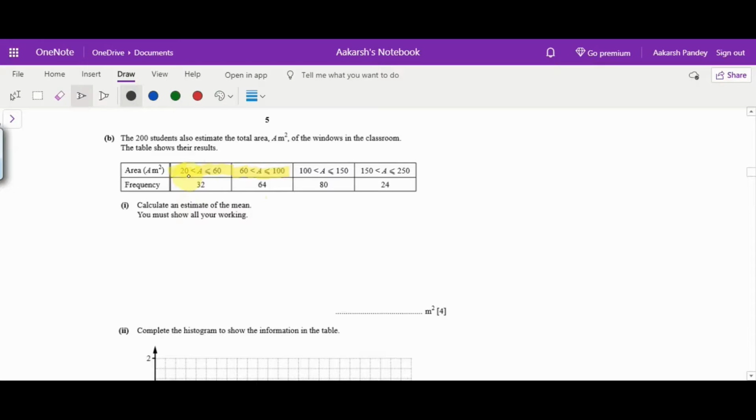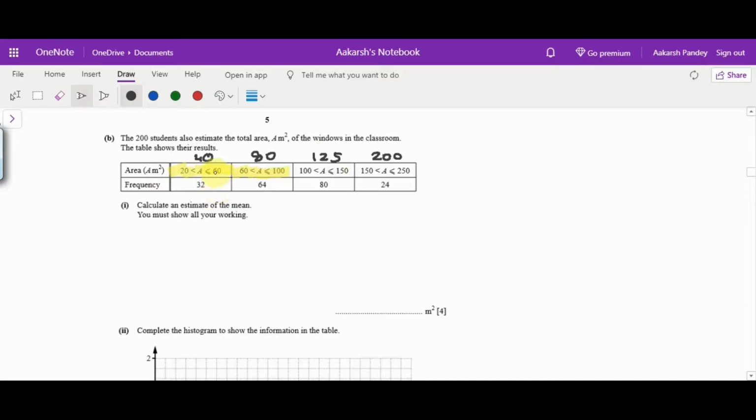How did I get 40? It is simple: all that we are calculating is the middle value of the given range. Because we have the range as 20 to 60, the middle value will be 40. For the next set, my middle value will be 80. Similarly, 125 and 200. So these are my middle values.